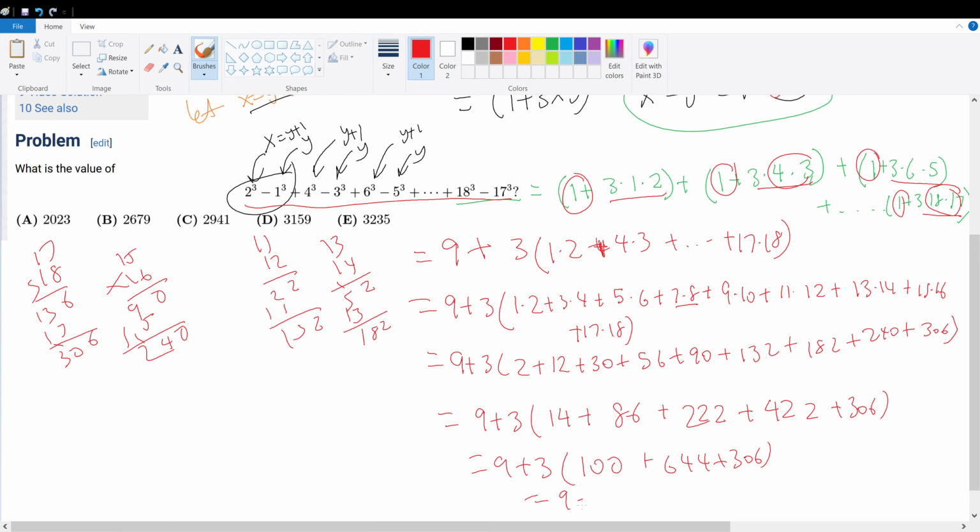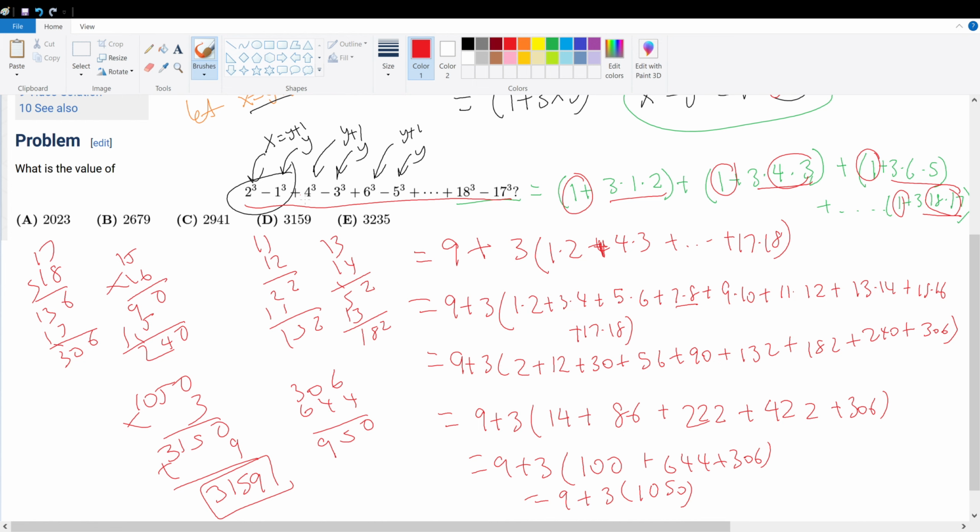This is 9 plus 3 times 1010... that is, 9 plus 3 times 1050. 1050 times 3 is 3150, plus 9, so 3159, or answer choice D.